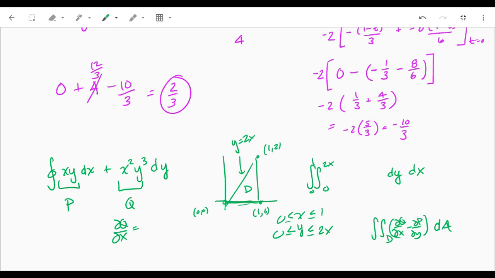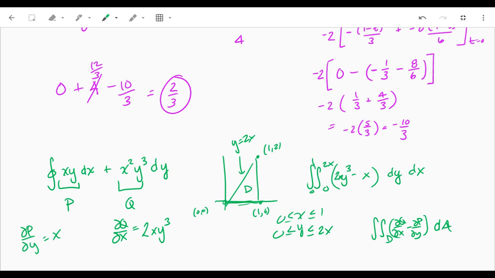Okay, dQ dx is going to be 2x y cubed. And then dP dy is just going to be x. So I'm going to do the integral of dQ dx minus dP dy, first with respect to y, then with respect to x.